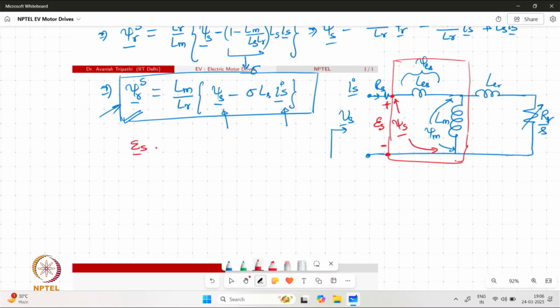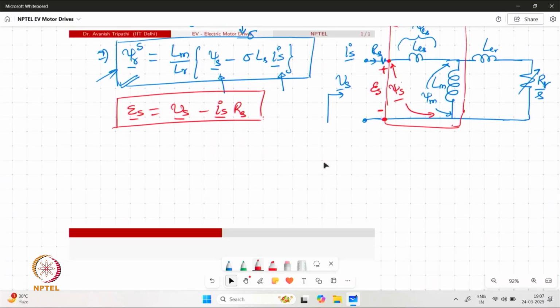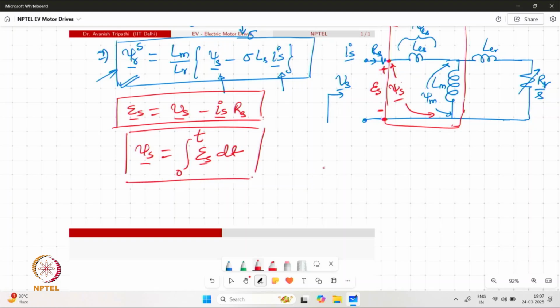So Es can be written as Vs minus Is Rs. Now psi s can be obtained by integrating this voltage Es over the given period of time.